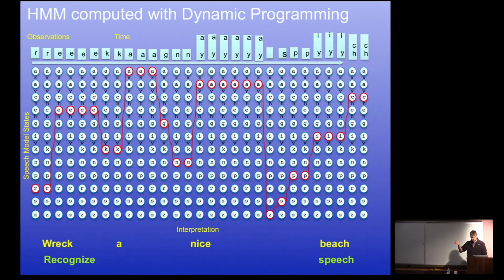And what you were asking about the inference, once you have a path through this space, then it's an entirely new inference procedure to figure out what the correct word interpretation is. So in this case, these features produced a path that could either be interpreted as recognized speech or recognized speech.